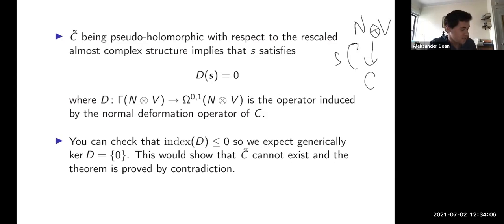And this section satisfies the equation D of S equal to 0, where D is a Cauchy-Riemann operator on the normal bundle twisted by this local system. On the normal bundle, we always have the usual deformation operator, which controls the normal deformations of our curve, and we can always twist such an operator by a local system. So we get an elliptic operator, and we get a section which is a solution of this elliptic equation.